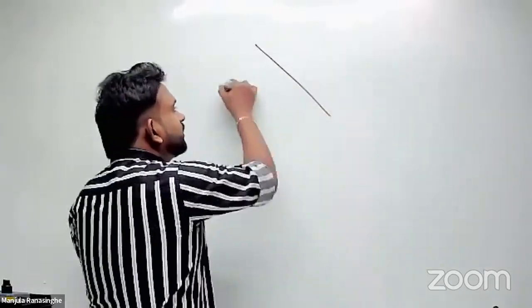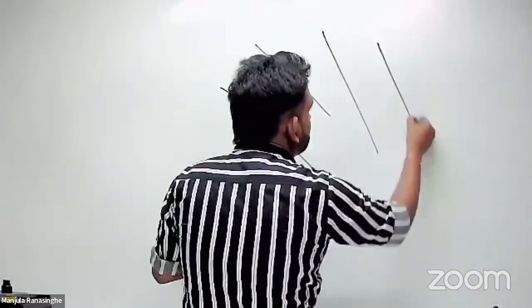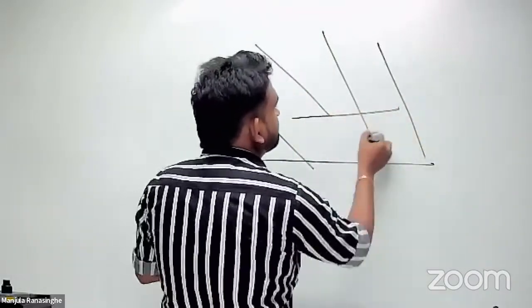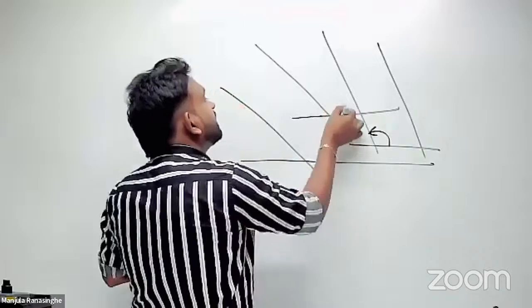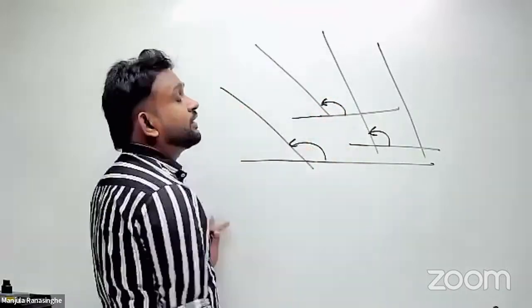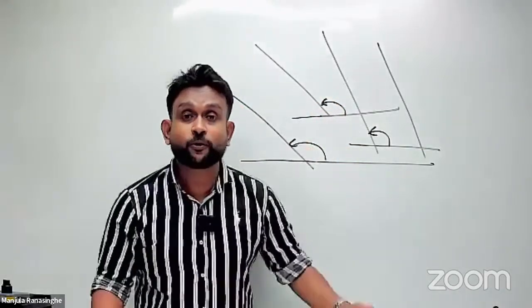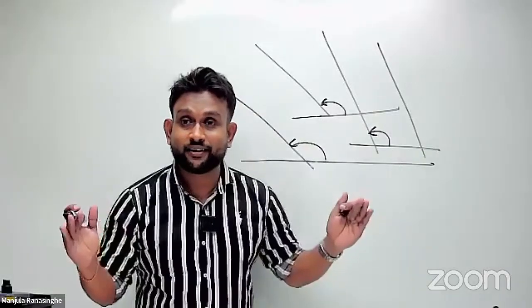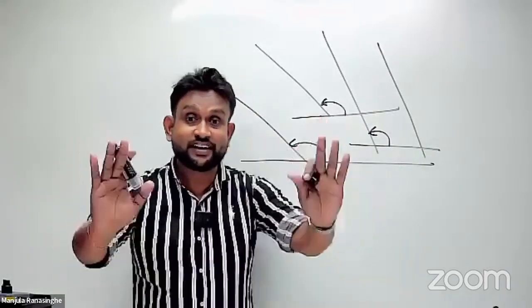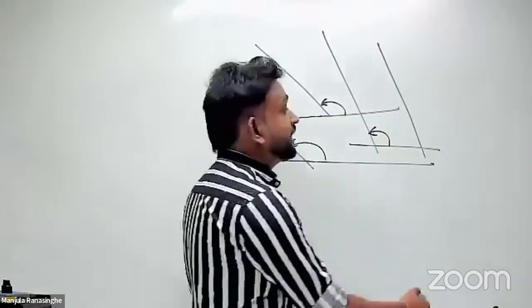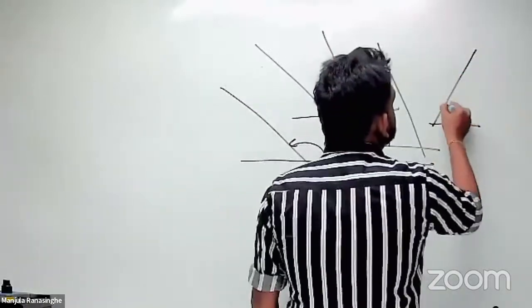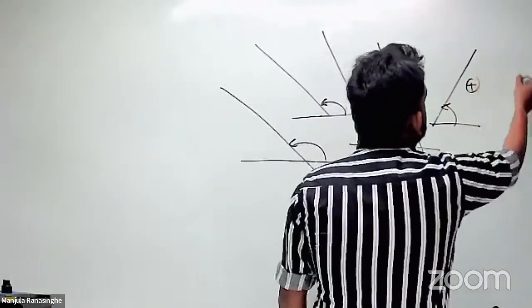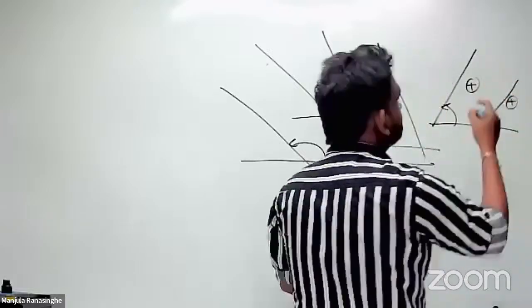Yes, if it is an obtuse angle, that is a negative gradient. You can see the graphs in this way with the positive x-axis. If the graph is making an obtuse angle, the gradient is negative. If it is an acute angle, then the gradient is positive. Here also positive.